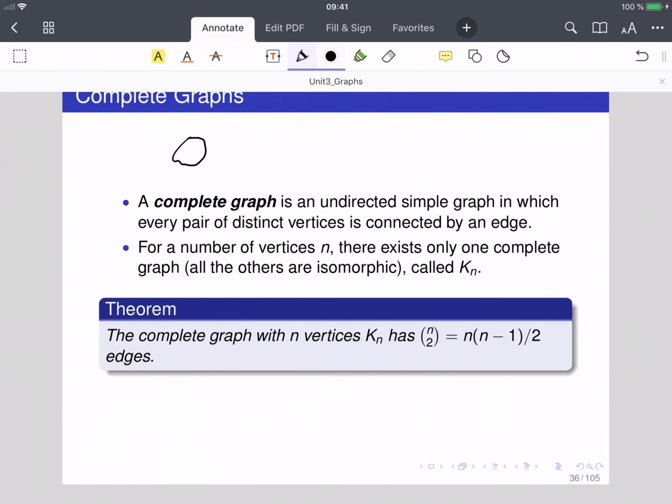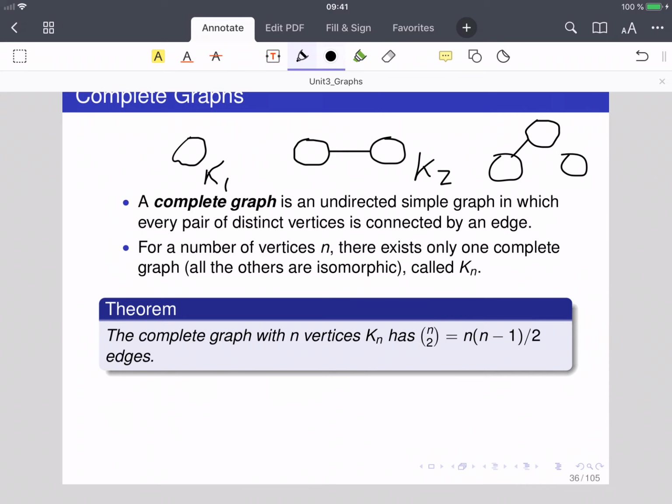The next graph is going to be the graph with two vertices that are connected to each other. Usually we give the name K sub n, where n is the number of vertices, to this type of graphs. So the first one is going to be K1 and the second one is going to be K2.